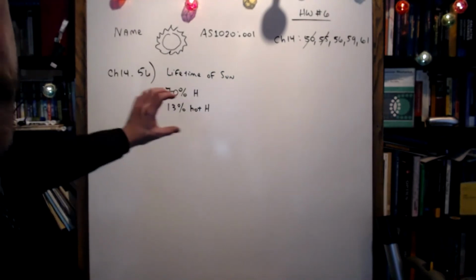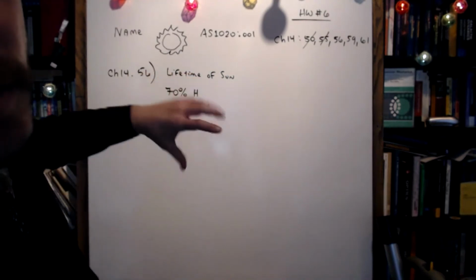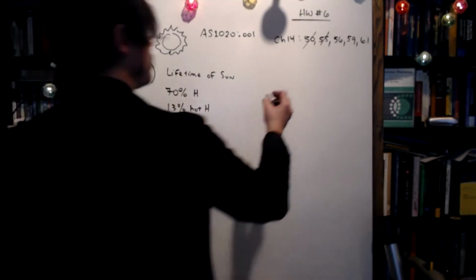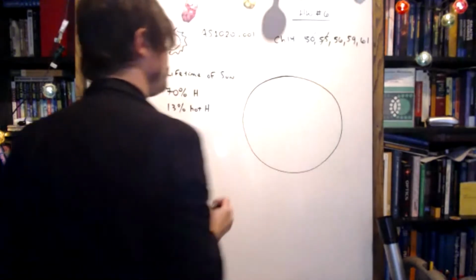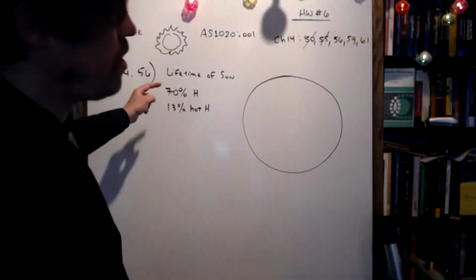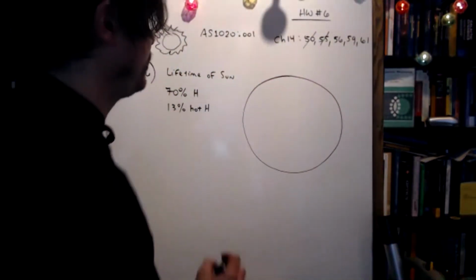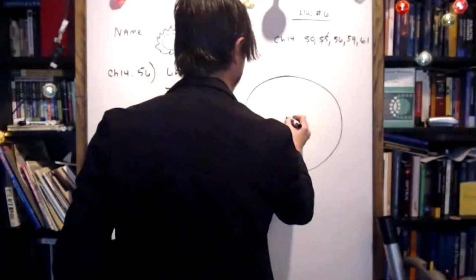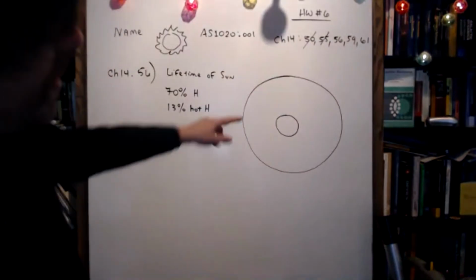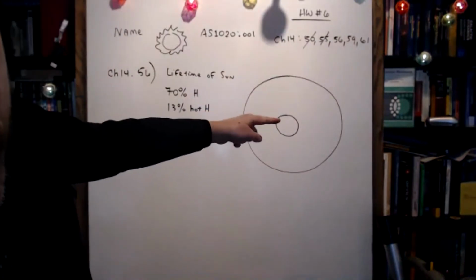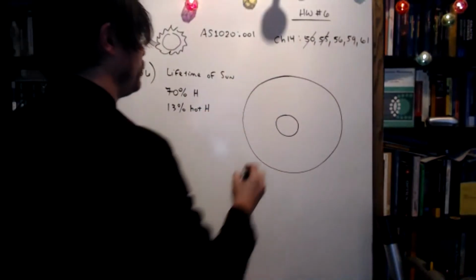Not yet. Take a moment to get this down, Caitlin, and I want all of us to draw a little picture. Let's draw a sphere here representing the sun. Only the hydrogen can fuse in the sun. But not only can only the hydrogen fuse, but only at the core where the sun is hot enough can the hydrogen fuse.